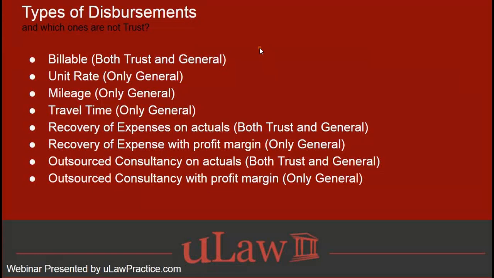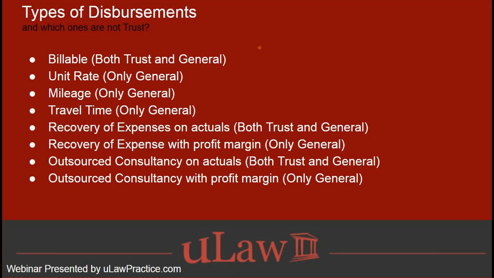We did speak about using trust and/or general for paying for these disbursements. And here are some examples of the types of disbursements that are better suited between these two different financial vehicles. As I mentioned earlier, if this is based on actuals, where it's a billable or any recovery on expenses purely based on actuals, then of course the trust account and the general account are good candidates.